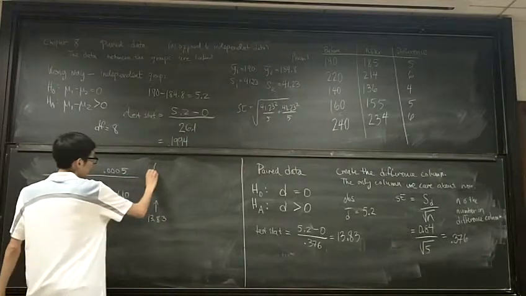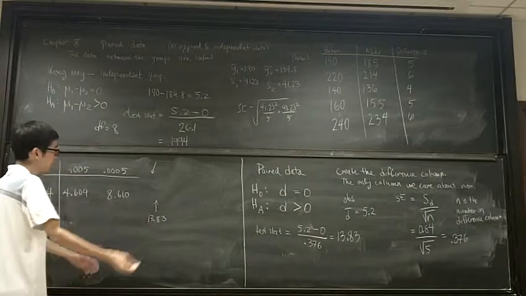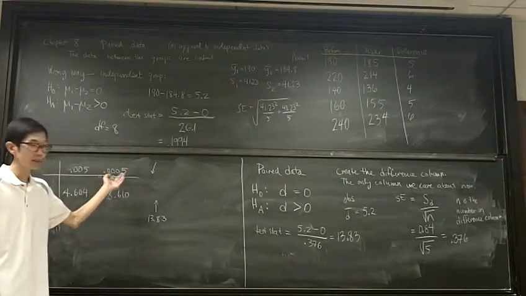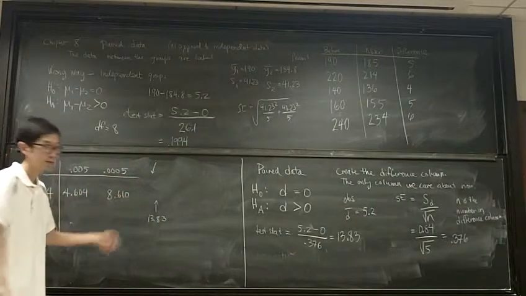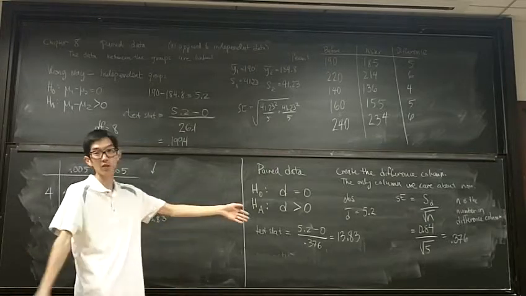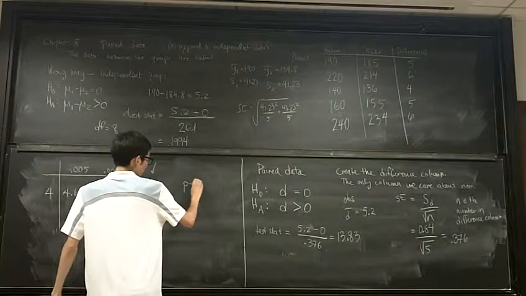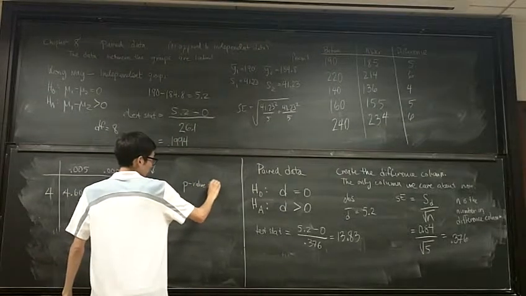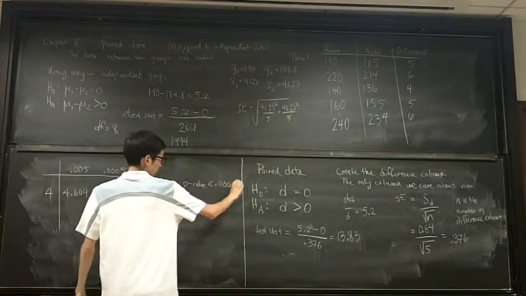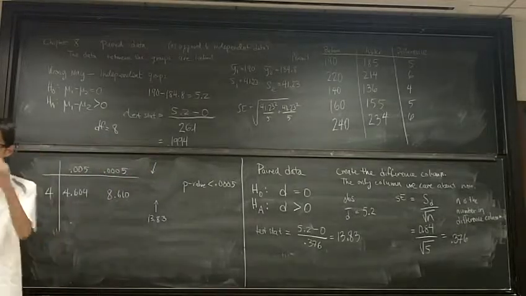So again, I have no idea what my tail probability is, but I do know it's certainly less than 0.0005. And this is going to be my p-value because it's just one-tailed. So whatever my p-value is, I have no idea, but it's certainly very, very small.